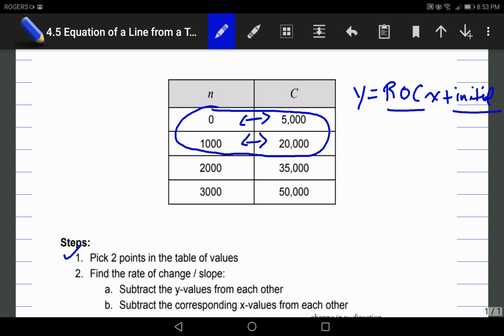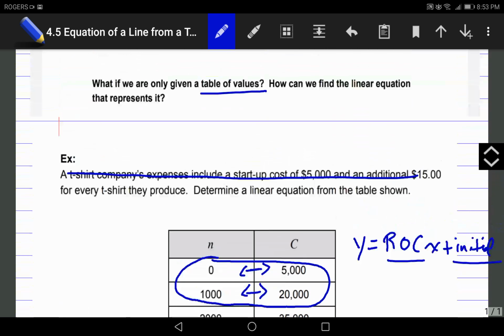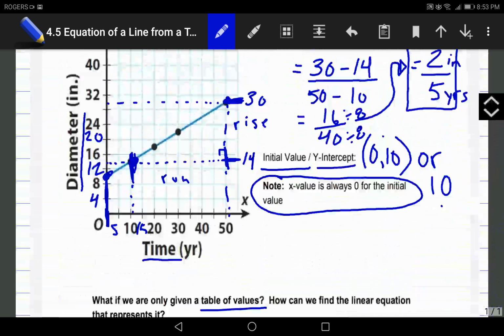We picked 2 points. Step 2 says find the rate of change, or the slope, by subtracting the y values from each other, exactly the way we did up here. If we look at our graph, look how I subtracted 30 minus 14 here.